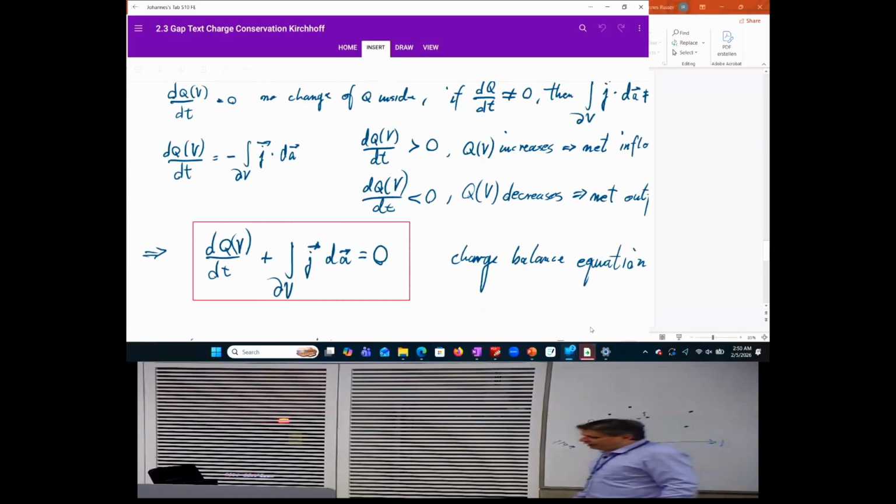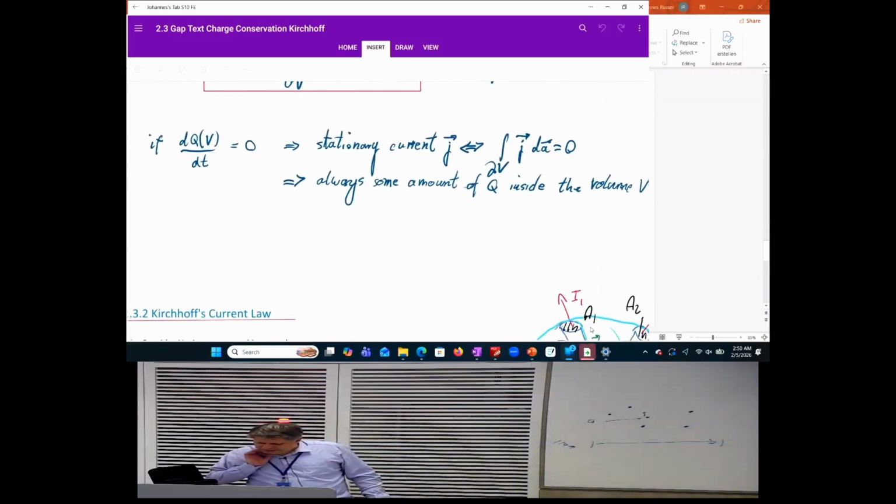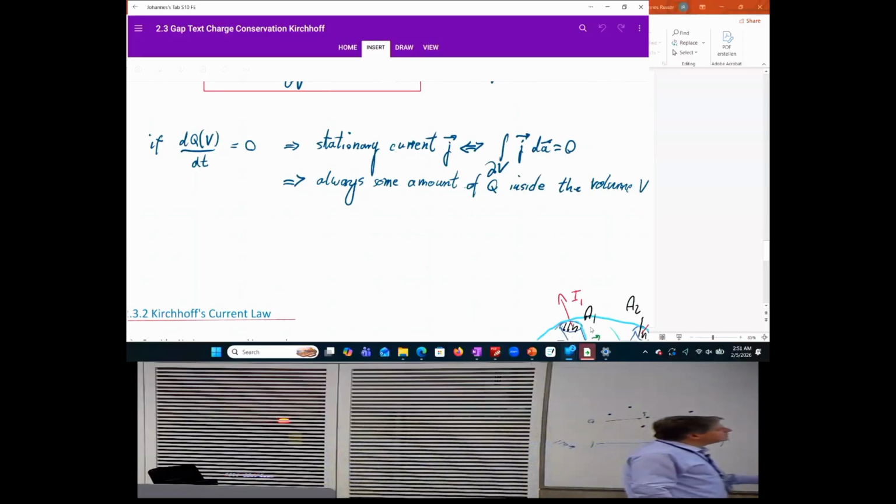And for our specific consideration right now, we are looking at stationary currents. And stationarity means that for any given volume, there is no change of charge over time. So this means it's stationary. Everything that flows in also flows out again.